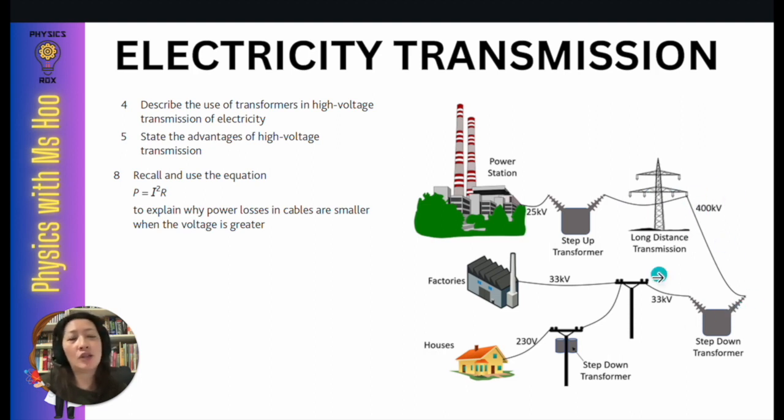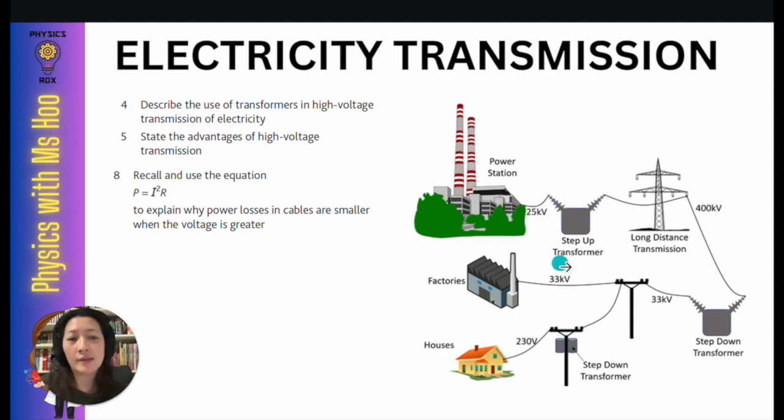And then when it reaches the consumers, they can't use voltage at such a high value. So we need a step-down transformer to reduce the voltage so that the consumers can use the electricity accordingly. So normally it's stepped down a little bit first for factories like manufacturing and industrial users, so a little bit lower to 33 kilovolts. And then further step down for consumers like ourselves, whether residential, offices, or schools, usually about 230 or 240 volts.